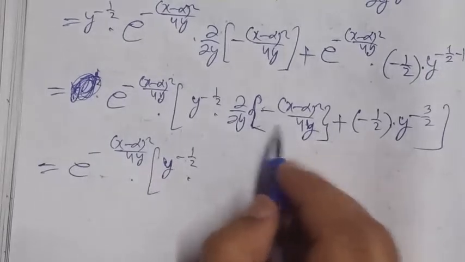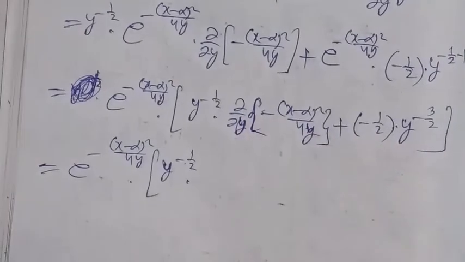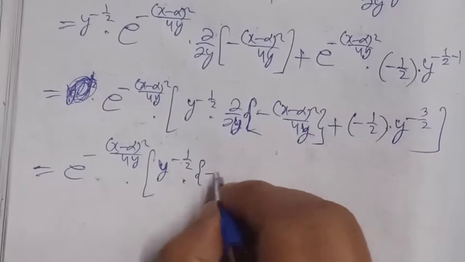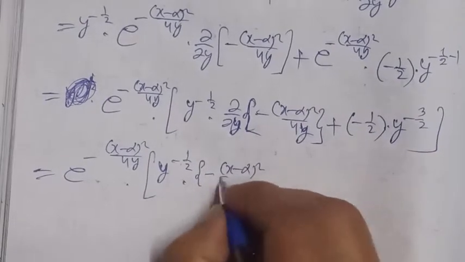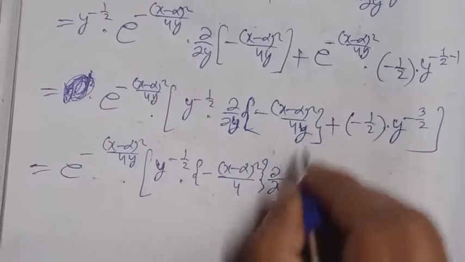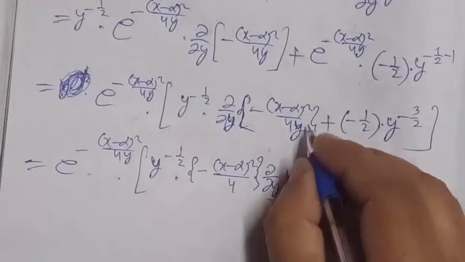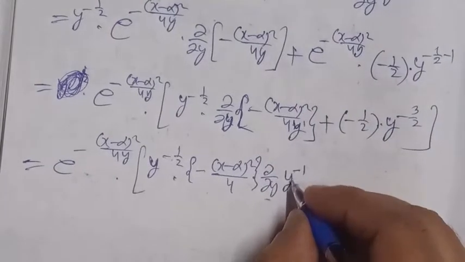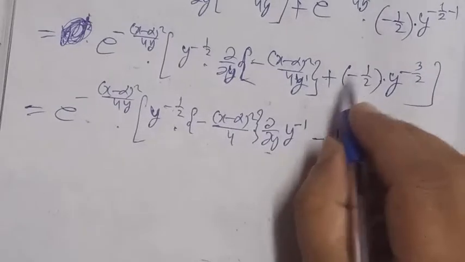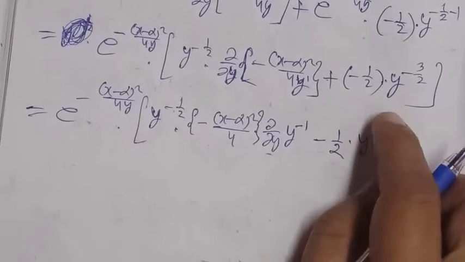Because here it is partial differentiation for y, x is constant, so we take out this value minus (x minus alpha) whole square upon 4 from this bracket. Only differentiate 1 upon y, so we take y to the numerator, it becomes y to the power minus 1, so in the numerator it becomes minus 1. Plus minus becomes minus 2 on multiplication, and y to the power minus 3 by 2. It is completely solved.